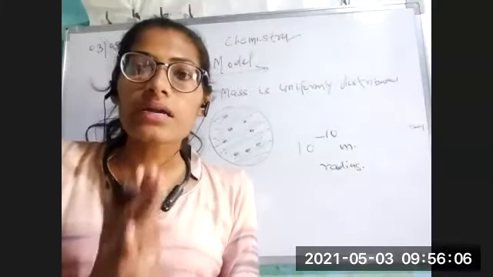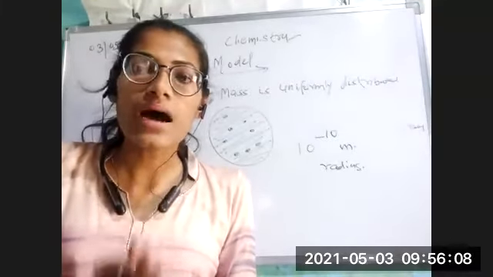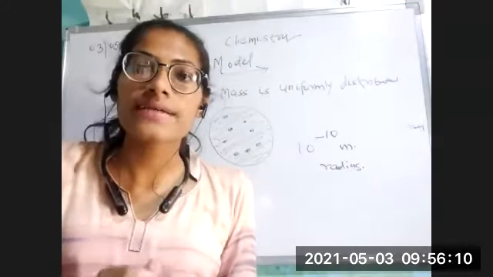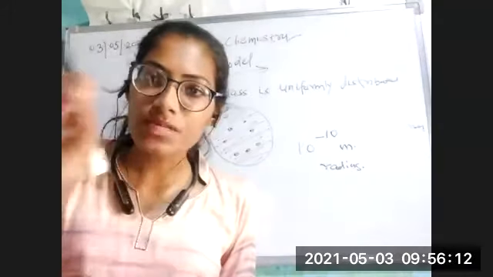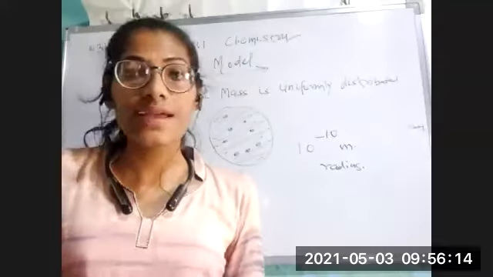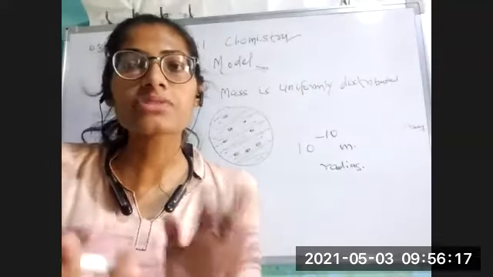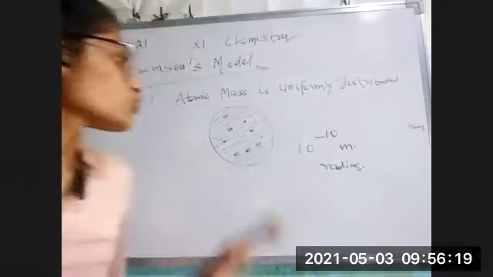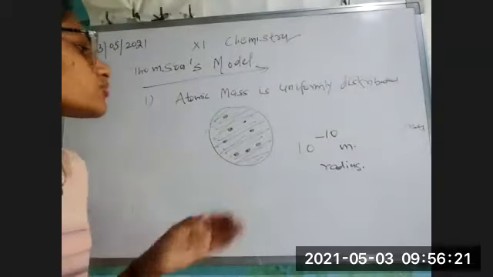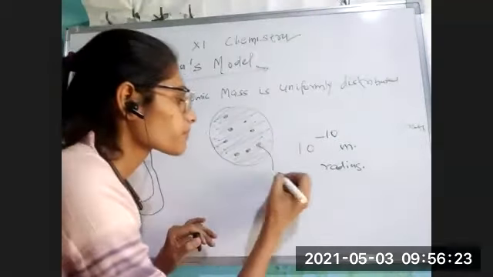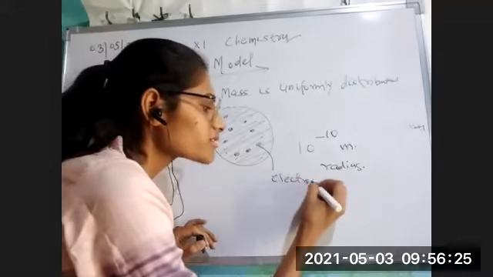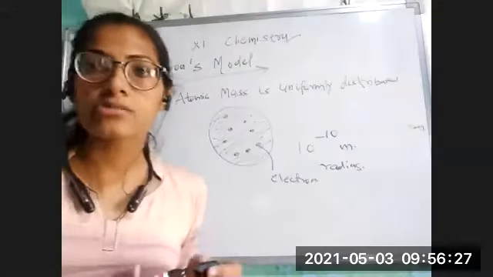That means to make our atom neutral, completely chargeless, we put electrons somewhere into it so that the atom becomes neutral. This was the model explained by Thomson, and for this model he also got the Nobel Prize.